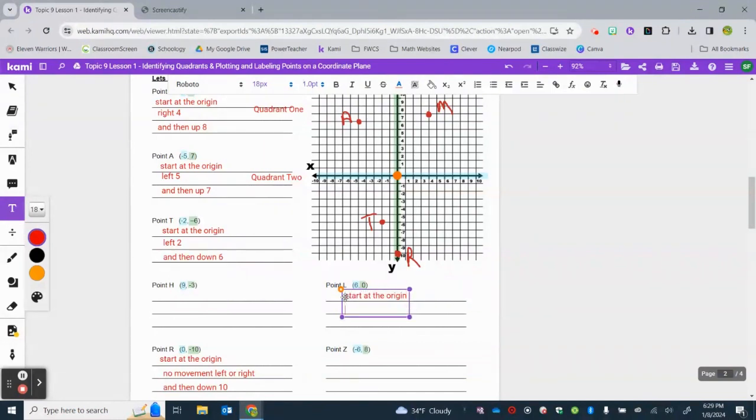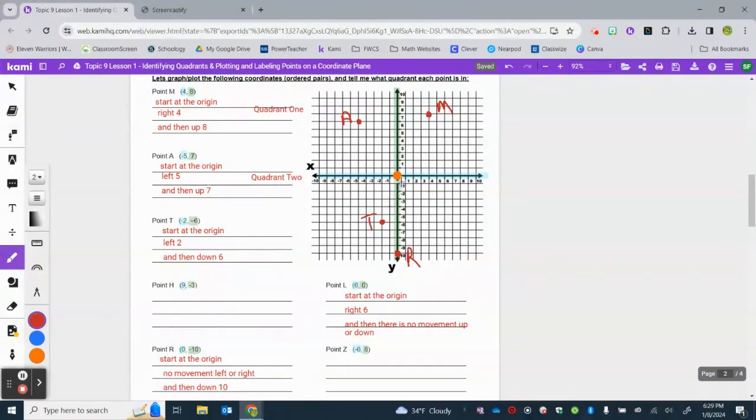The 6 is in the x coordinate spot, so I'm going to go to the right 6. And then there will be no movement up or down because of the 0.